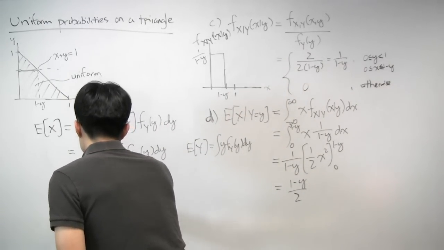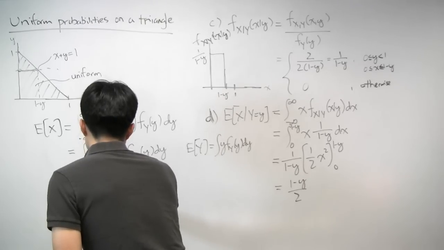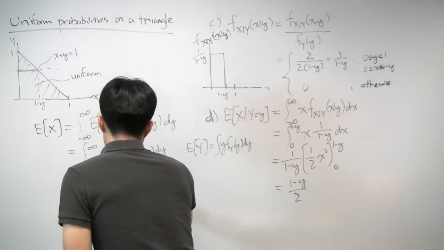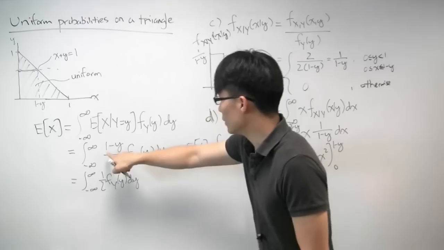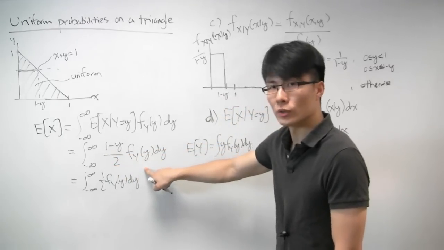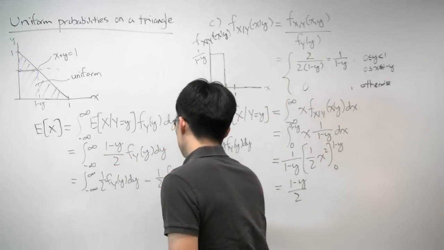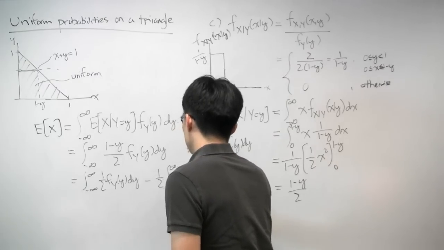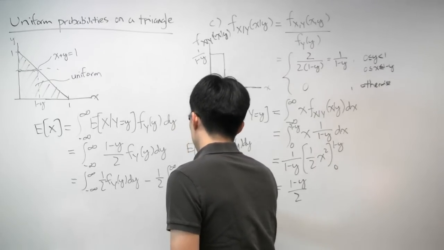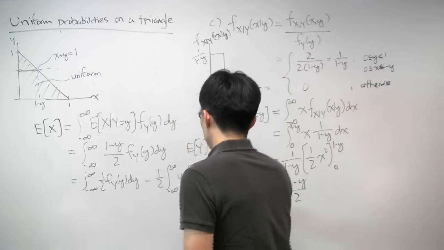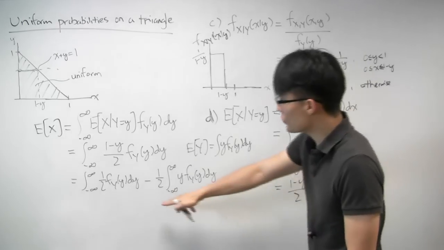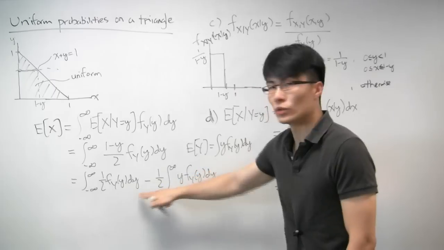We have the integral of the first term, which is 1/2 times the marginal of y. And then the second term is minus 1/2 times the integral of y f_Y(y) dy. This is just me splitting this integral up into two separate integrals.